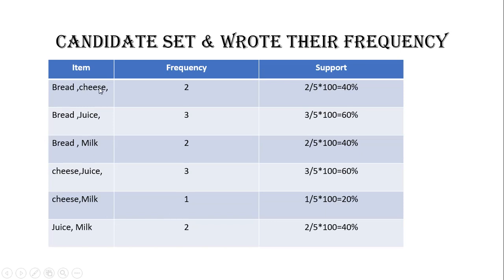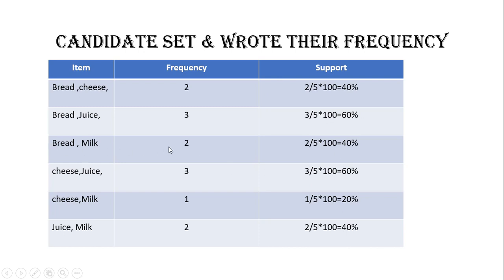So bread and cheese: how many times does this combination occur in the table? It occurs only two times. So we calculate the support: 2 by 5 multiplied by 100 is equal to 40%. Similarly, bread and juice occurs 3 times, so 3 by 5 multiplied by 100 is equal to 60%.